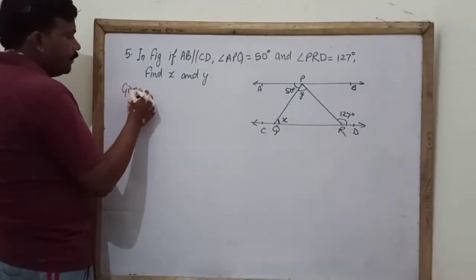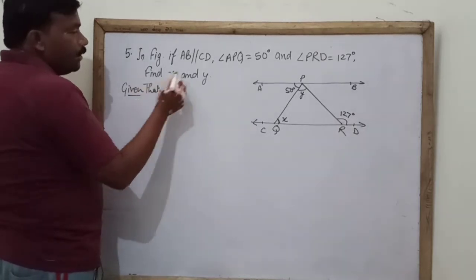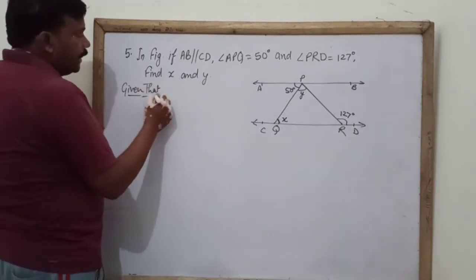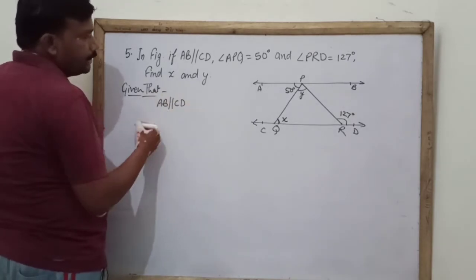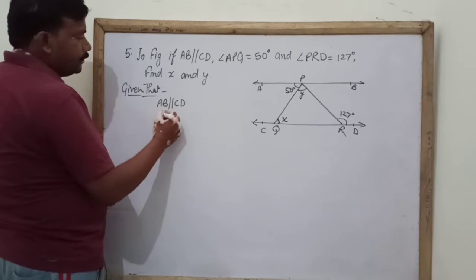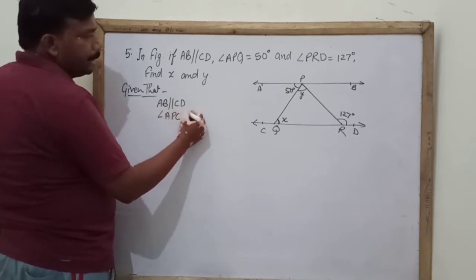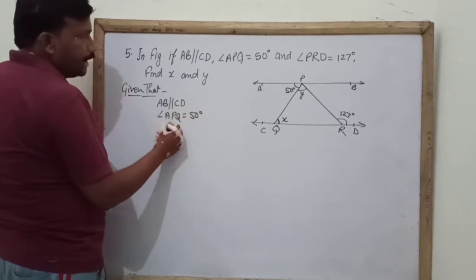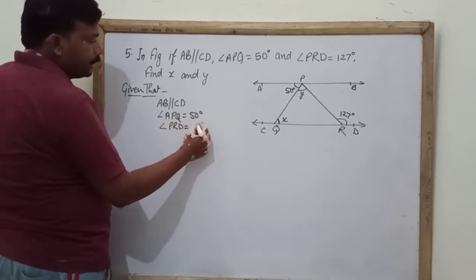First of all we write given that. What is given? Given that AB parallel to CD and angle APQ equal 50 degree and angle PRD equal 127 degree.